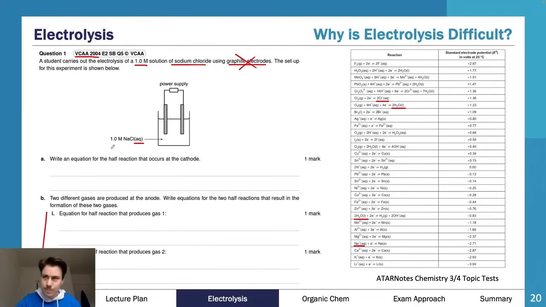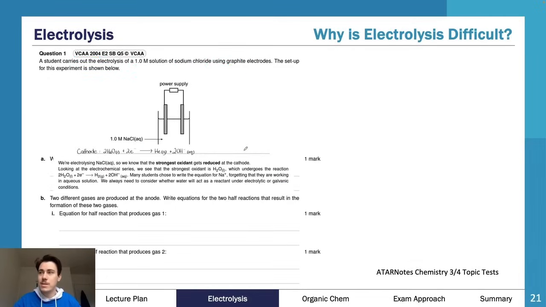We will discuss. So the cathode, remember the cathode is reduction, and therefore it is the oxidants. So reduction occurs, we need the strongest oxidant. Remember, the strongest oxidant is on the left, and lo and behold, we have water. So I would be literally grabbing this and writing this here. I wouldn't be writing anything else, I'd just be writing this equation as it is.